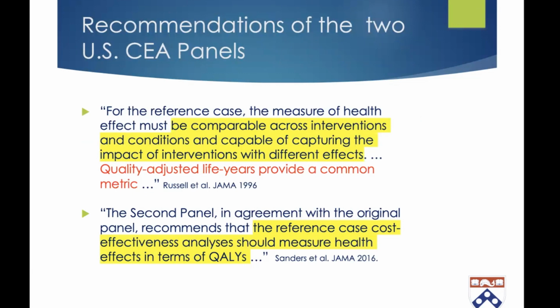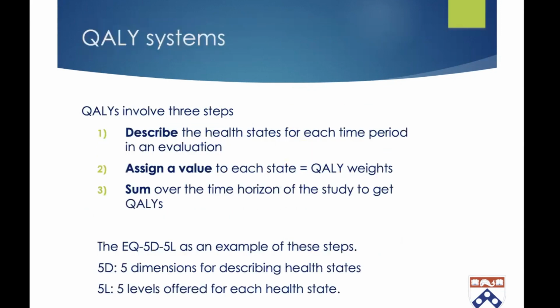So the reference case should have QALYs for your effect. Now you can present other cases. You have your base case, and then you have your cost per clinical effectiveness measure. But you need to have that quality in there. It's really actually pretty easy to do. That's why I'm stressing it a little bit here.